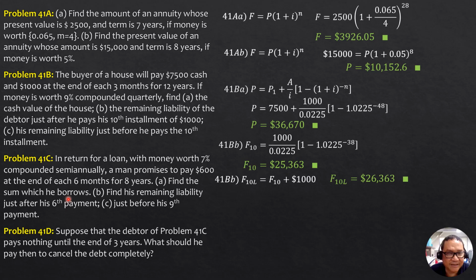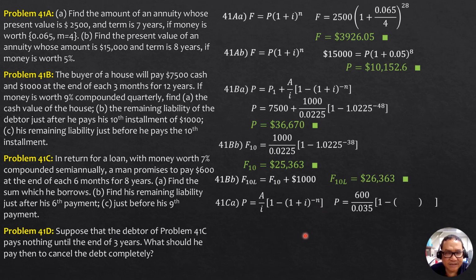So that's the value of the 7th up to the 16th payments. So we use the formula here just like there. So that's 16 minus 7 is 9, plus 1, so it's 10. So P is A over I, quantity 1 minus 1 plus I to the negative n.